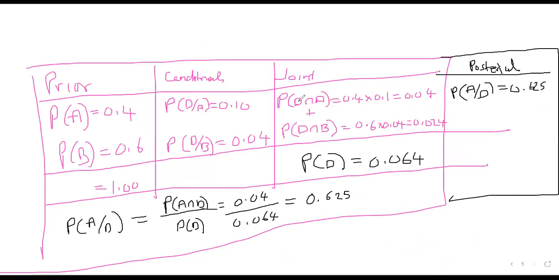So if I divide D intersection A over D, I'll have A given D. If I divide D intersection B over D, this will be called what? B given D. So if I'm dividing 0.024 over 0.064, I'm going to get 0.375. The revised probabilities also add up to 1, just like the prior probabilities.